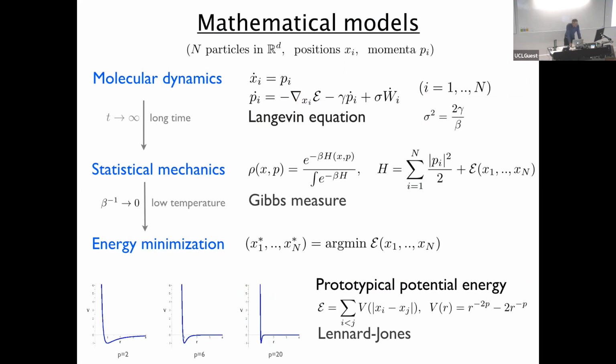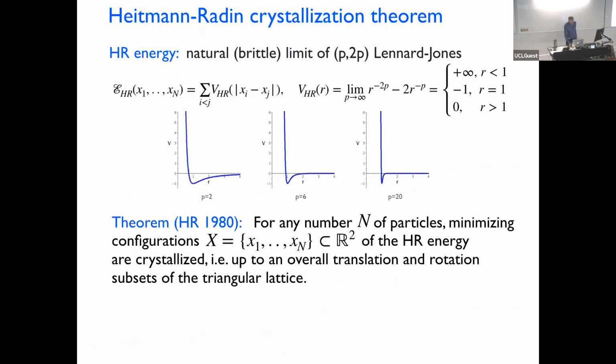And so prototypical energies for atoms of the same type would be Lennard-Jones type potentials. They're repulsive at short range, attractive at long range, and have a sort of potential well. Then I started talking about the best known crystallization theorem in 2 dimensions, the Heitmann-Radin crystallization theorem.